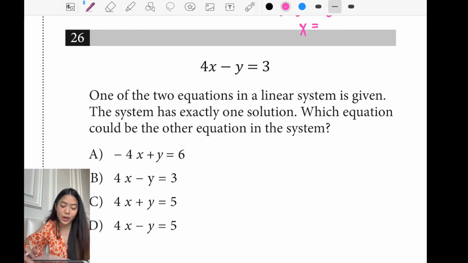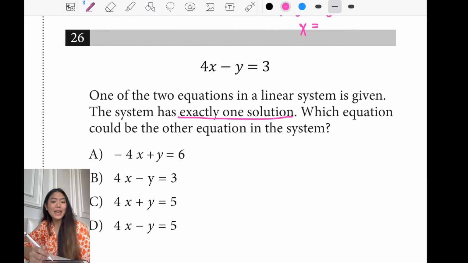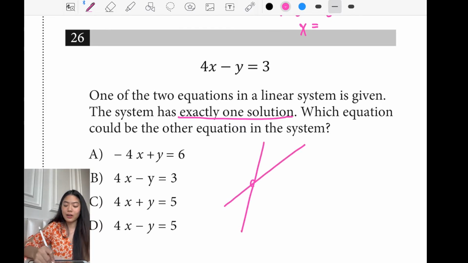Okay, 26. One of the two equations in the linear system is given. The system has exactly one solution. Which equation could be the other equation in the system? If exactly one solution, it means the graphs should cross, so it should have a different slope.